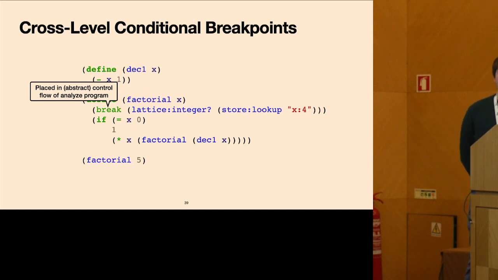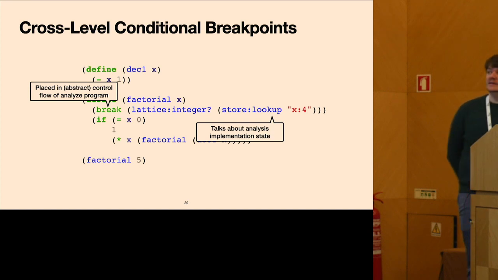This enables us to use the control flow of the program that we analyze to place particular breakpoints. For example, here we know that this breakpoint will only be triggered when the factorial function is executed. If we would place this breakpoint in the analysis implementation itself, we would have a much harder time to only break when we reach the factorial function. So this makes the life of the analysis developer much easier.